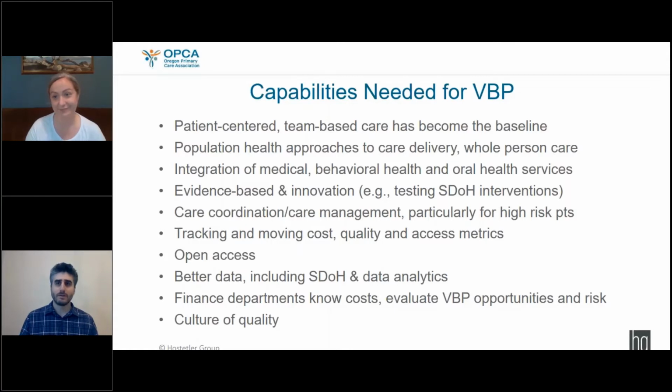So it's also about visioning and coming up with the changes you want to make to your care model, but it's about investing in data and infrastructure, knowing how you're going to track your quality and access metrics, getting total cost of care data and figuring out how you want to respond to it, coming up with a way to not only receive and send data, but to have some analytics around it, and getting your finance department involved in helping you evaluate return on investment and additional VBP opportunities.